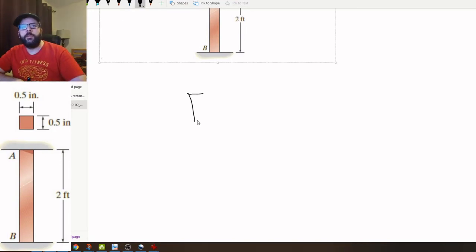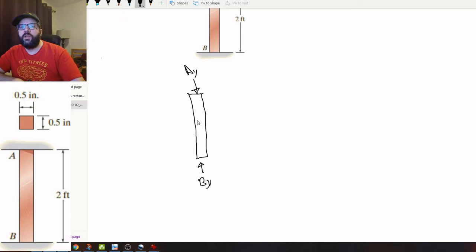So again, we've got a bar. We've got By, and we've got Ay, and that's about it for our free body diagram. So we know that By is going to be equal to Ay. We just don't know what it is because the reactions here aren't being caused by an external load.